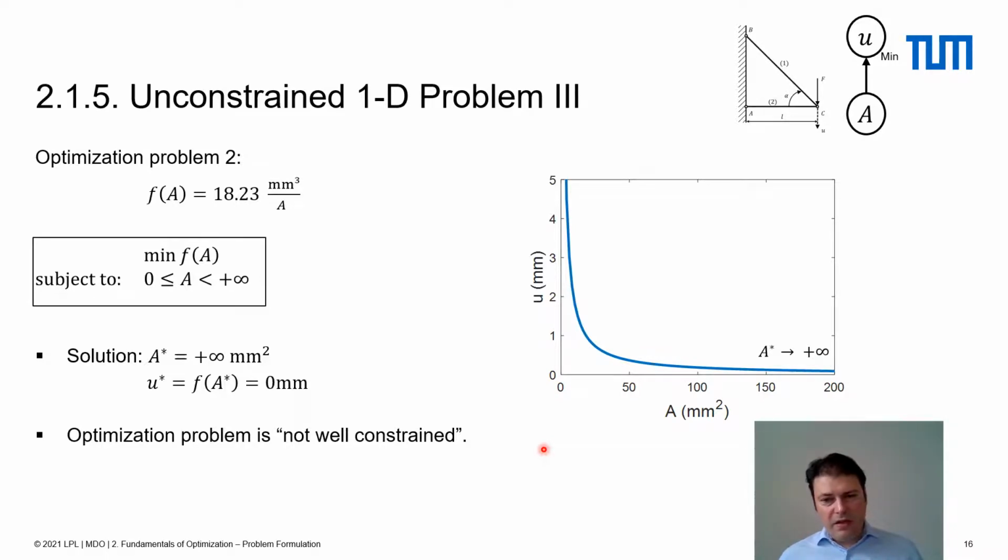So strictly speaking, the problem does not have a well-formulated solution because A equals infinity is not an appropriate solution. And we call this optimization problem not well constrained, or actually it is ill-posed, a notion that we will talk about later.